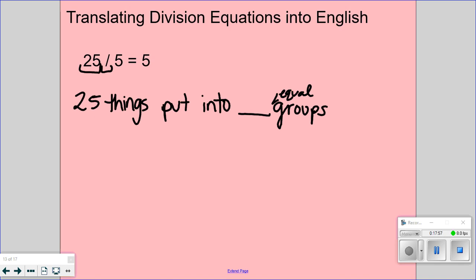What does that next symbol mean? Please stop playing with the hoodie. Tegan? 5 groups. That's the number of groups. So I've got 25 things put into 5 equal groups.